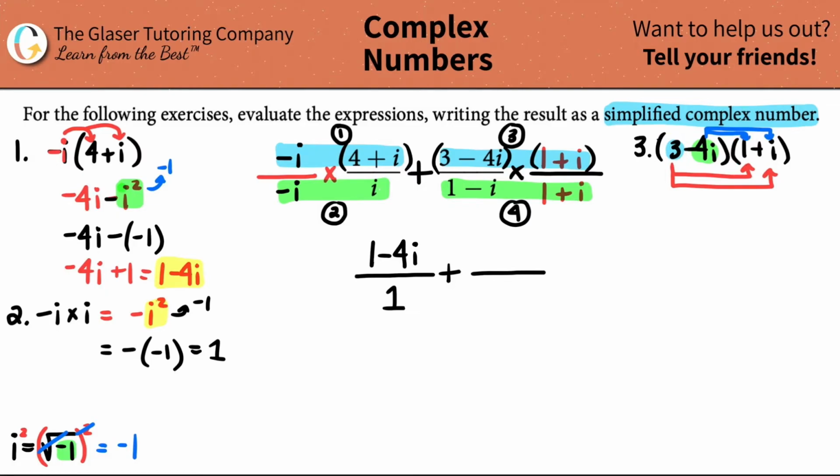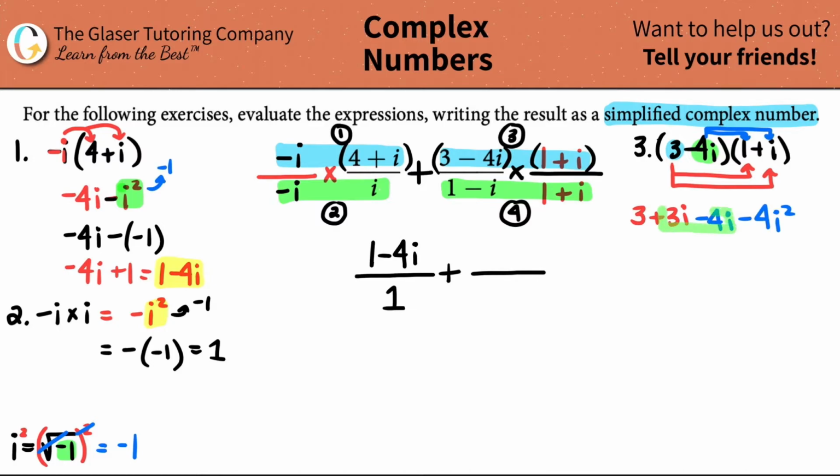3 times 1 is just a 3. 3 times i is just a 3i. -4i times 1 is a -4i, so minus 4i. And then -4i times i is a -4i squared.